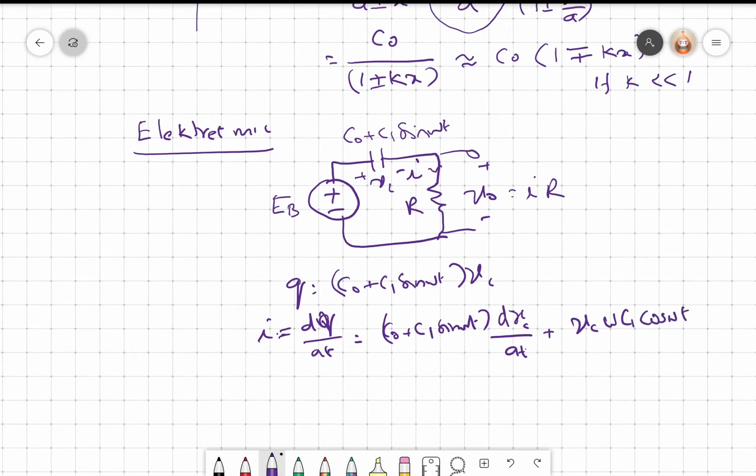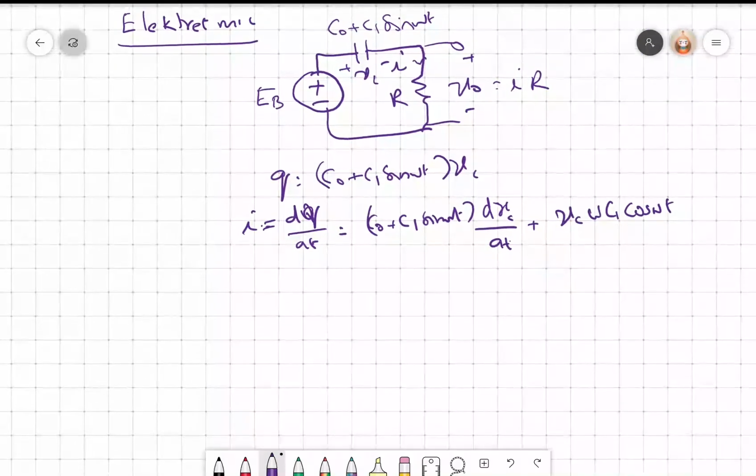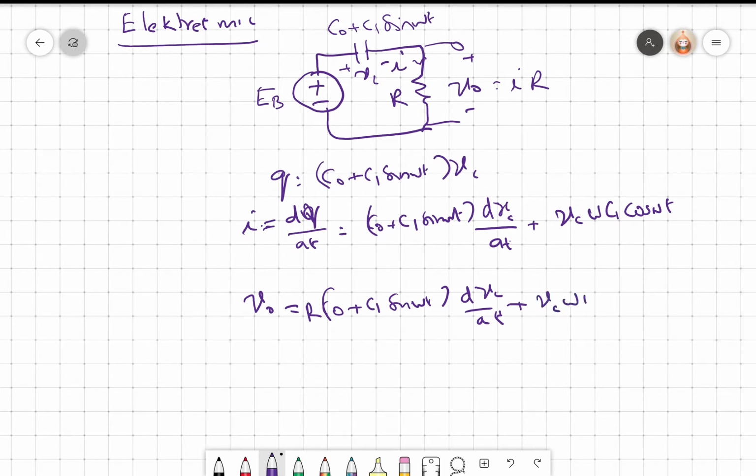This is variable separable differentiation. We do that, then V0 is equal to C0 plus C1 sine omega t into dVc by dt into R plus Vc into omega RC1 cos omega t.